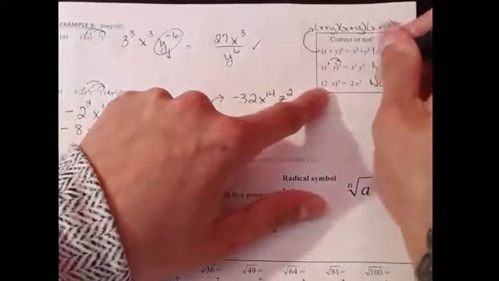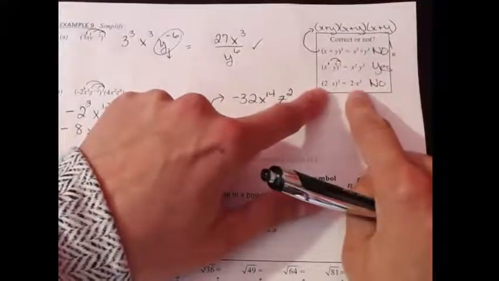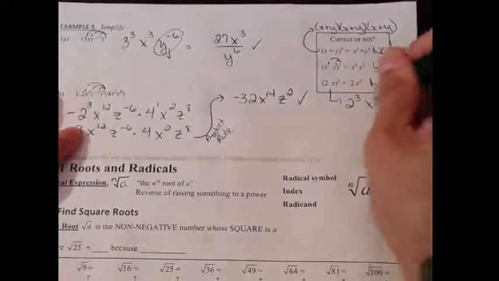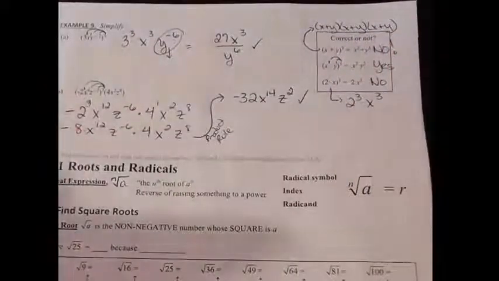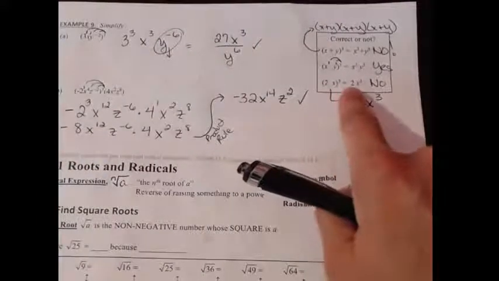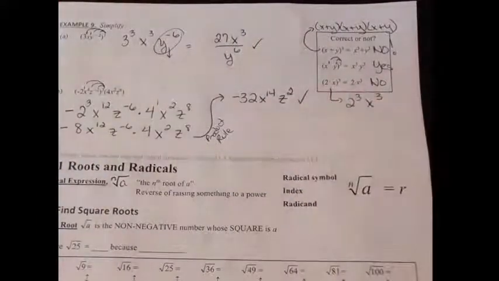So in this case, this is completely incorrect. We would actually have to write the answer as 2 to the third, x to the third. You don't ever want to leave a base out. It's almost like saying, I know I'm cubing this too, but I don't want to write it that way, right? You can't do that. We want to make sure that we're consistent by applying that rule to all bases.